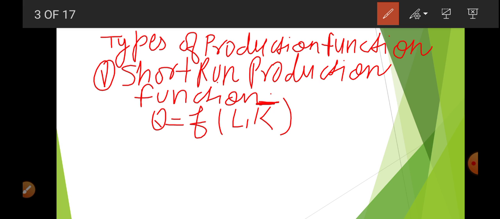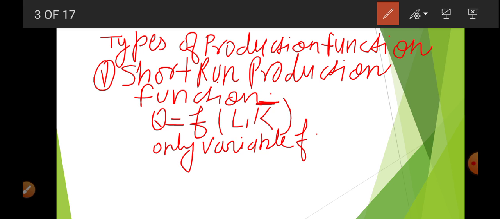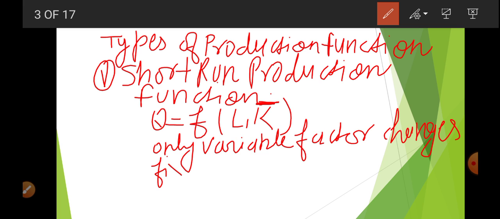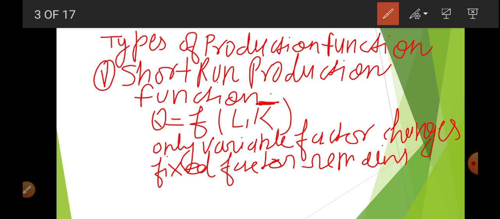Short run production function is that production function in which only the variable factor varies, only the variable factor changes, and the fixed factor remains constant.